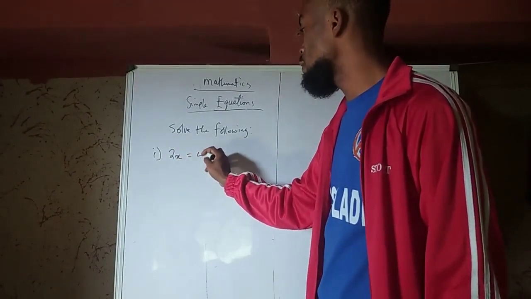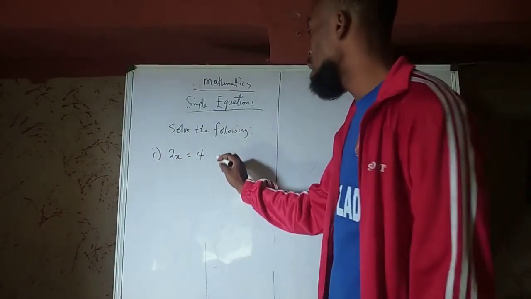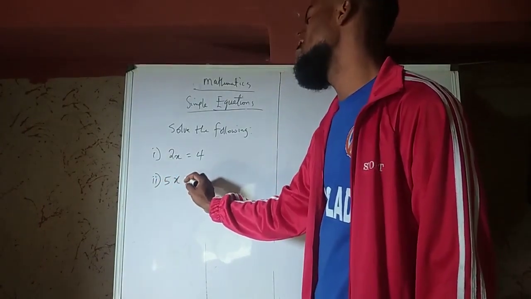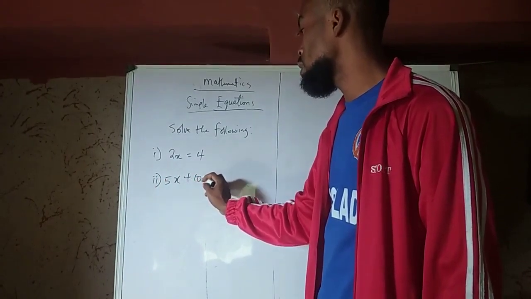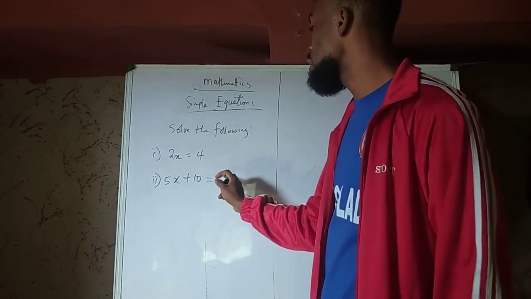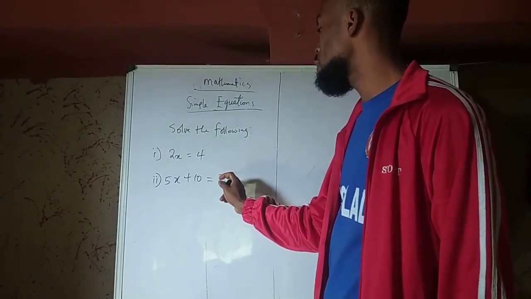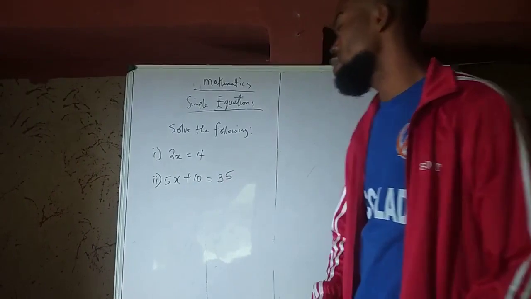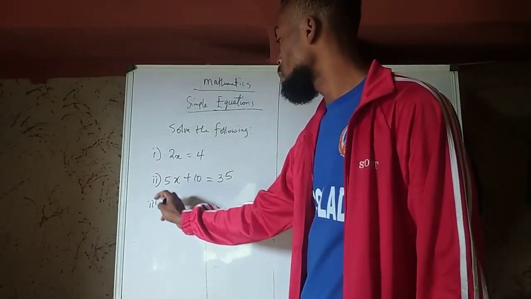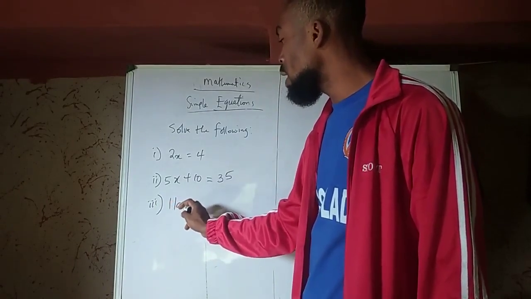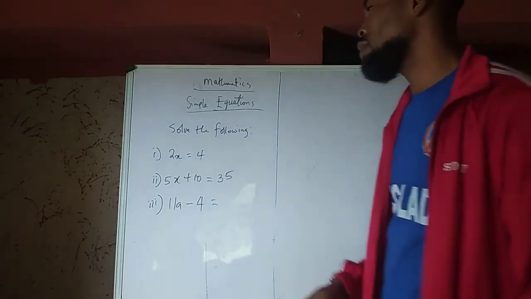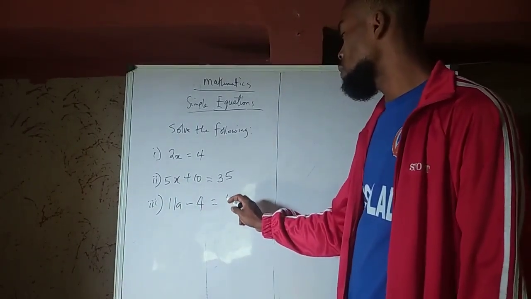2x equals 4. Alright, then I have 5x plus 10 equals 35. Then I have 11a minus 4 equals 40.